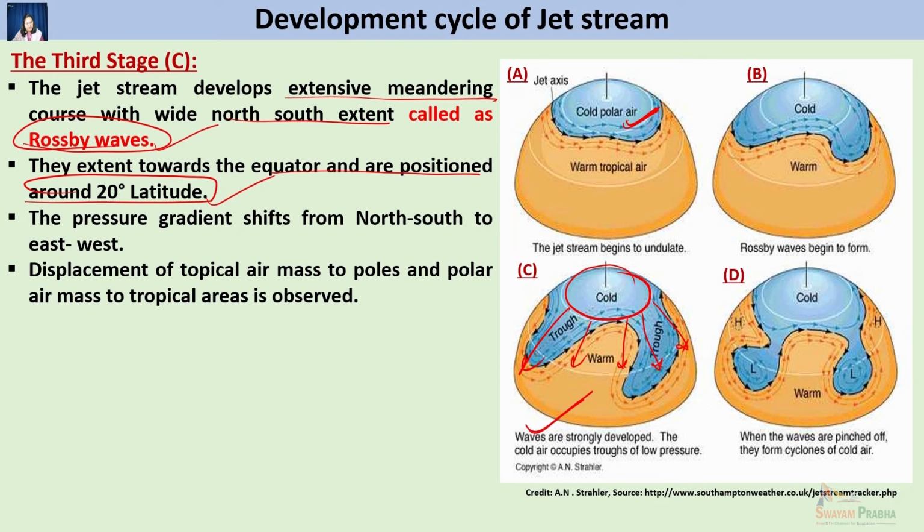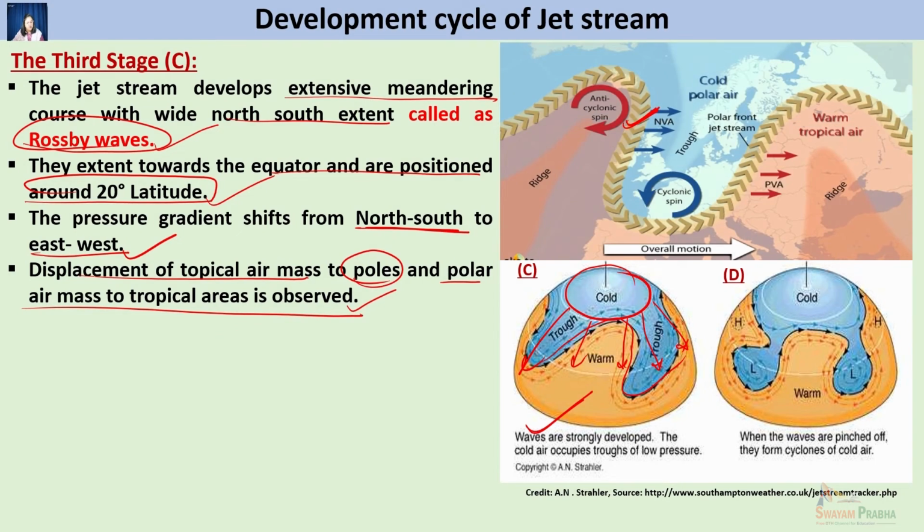The pressure gradient shifts from north-south to east-west in this case, which further intensifies the deep meanders in the jet streams. The displacement of tropical air mass to the poles and polar air mass to the tropical area can be seen. As the wavy pattern of the jet stream emerges, you can see deep ridges formed in the waves of the jet streams.